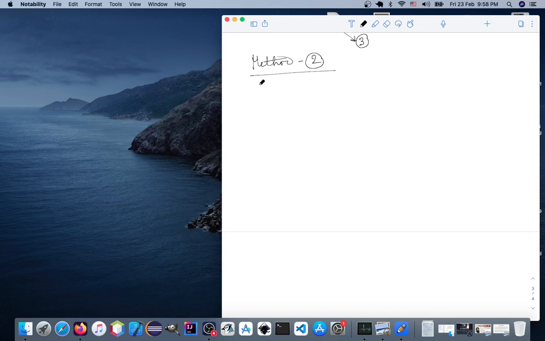Let's say, since R and S are rational numbers, definitely R will be of the form P by Q, where P and Q are integers and Q not equal to 0, and S will also be something like U by V, where U and V are integers. P, Q, U, V are all integers.